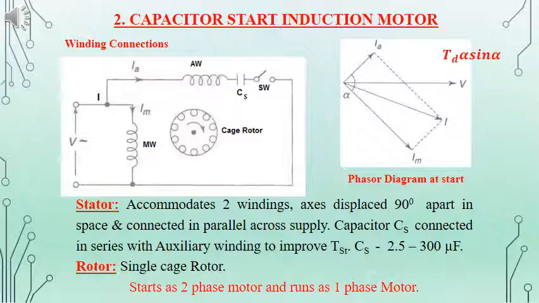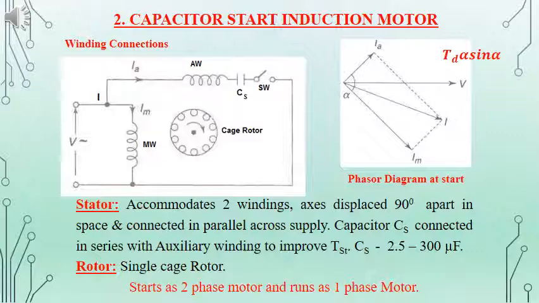Because of that, the angle between the auxiliary winding current and the main winding current can be made closer to 90 degrees, and this will help to increase the starting torque, because the torque is proportional to sine alpha.